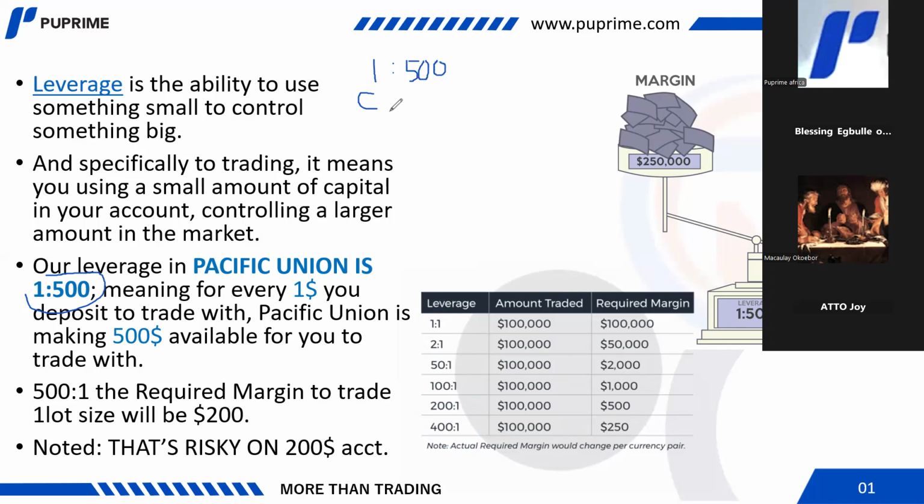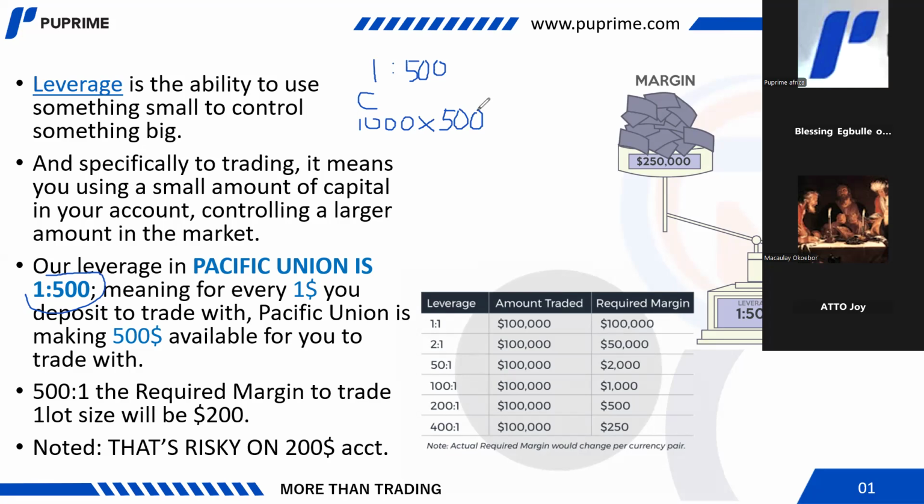So let's say you fund your account, your capital is $1,000. Then what it means is that the platform will now multiply your $1,000 by 500. So even though you fund $1,000, the platform is seeing your $1,000 as if it is $500,000. Now, please take notes.